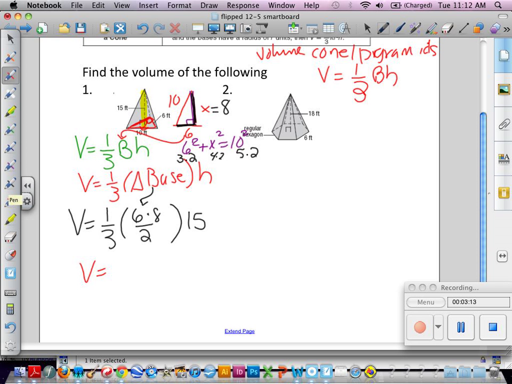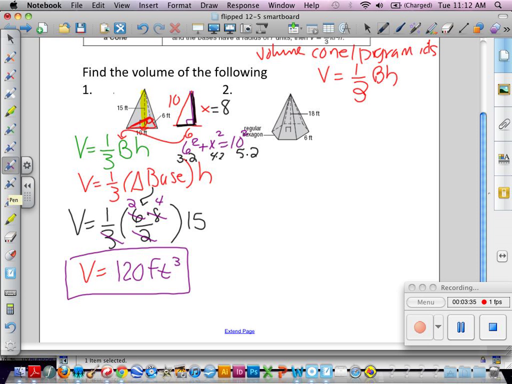So now my volume equals, you can go ahead and cancel here, 3 and 6, that's 2. 8 and 2 is 4. And so when you multiply that out, you're going to get 120. You're talking about volume, so you're going to have cubic feet. Let's take a look at problem number 2.